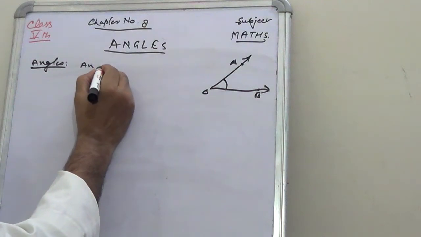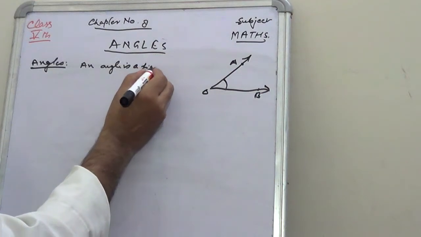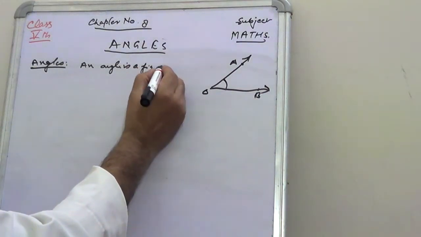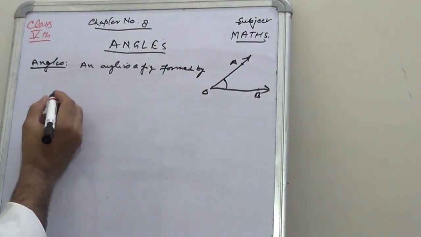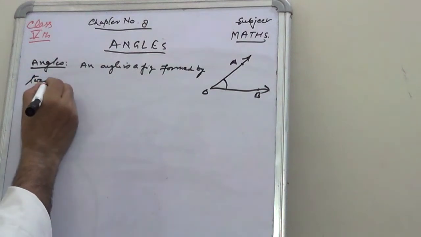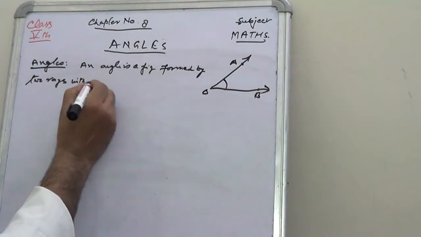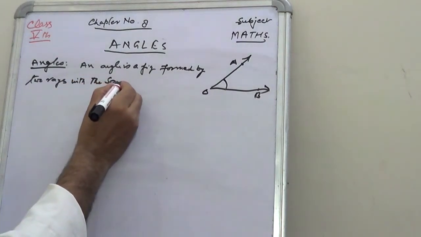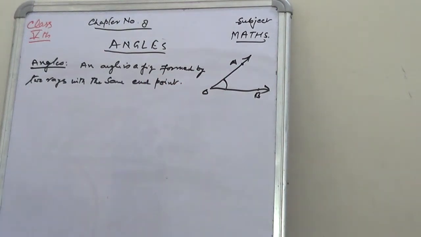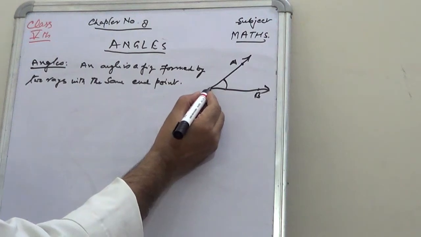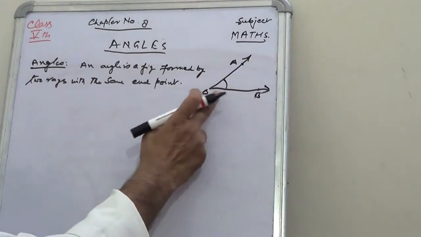An angle is a figure formed by two rays with the same end point. What is an angle? A figure having the same endpoint and made by two rays.